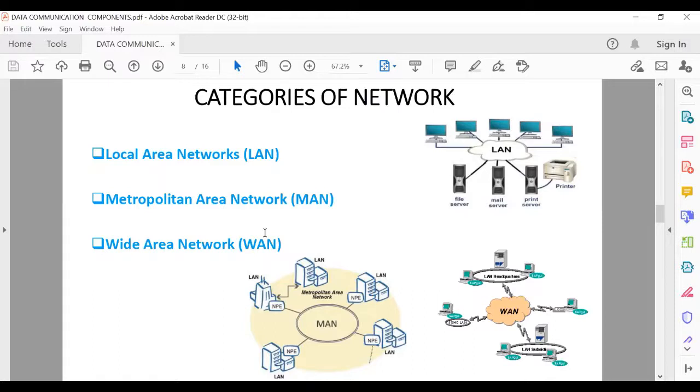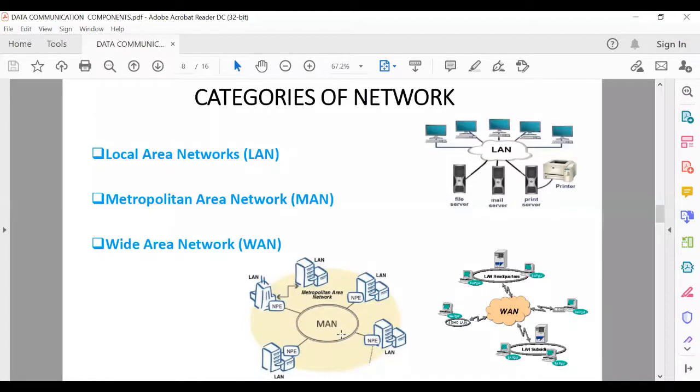Now, this is generally owned by private organizations, and it is connected with the help of optical fibers, copper wires, etc. One of the most common examples of this metropolitan area network is a cable TV network within a city.